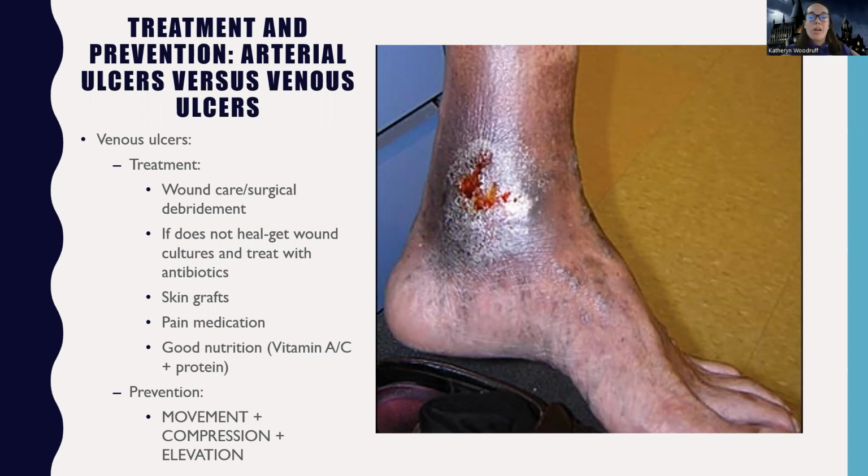Every time I'm walking, it helps compress those vessels to push that blood in the direction it's supposed to go. Same with compression, like SCDs, or sequential compression devices. Those help push blood up to my heart. And then additionally, elevation, because again, gravity. If my legs are elevated above my head, it naturally allows the flow of fluid from my feet back to my heart.